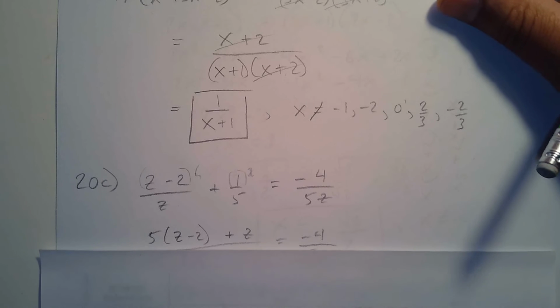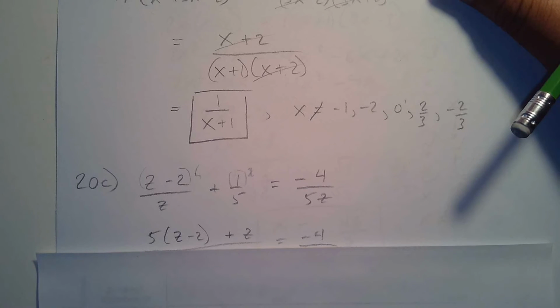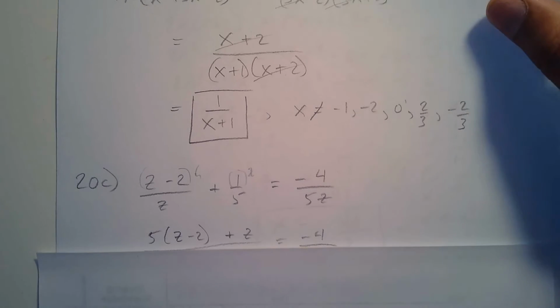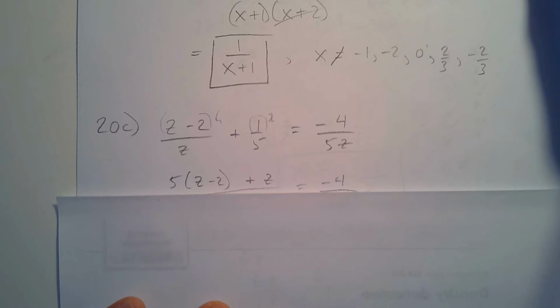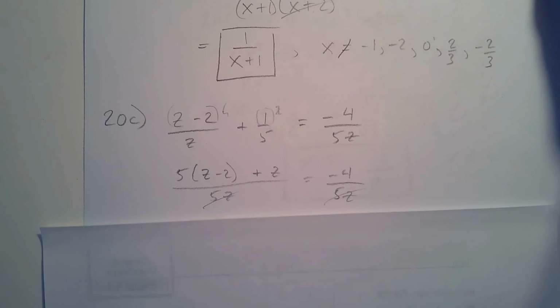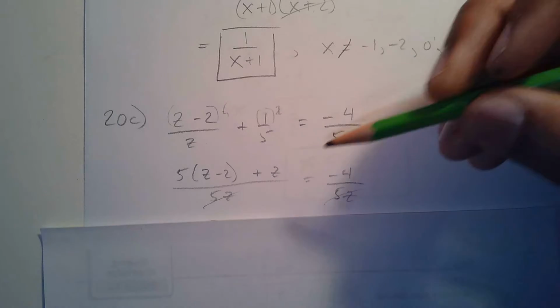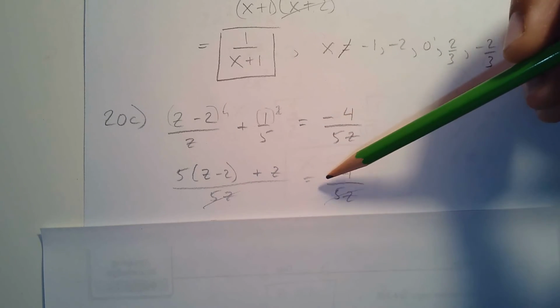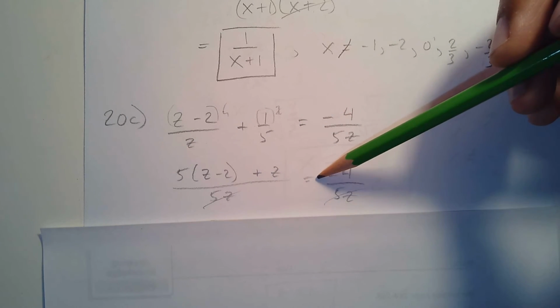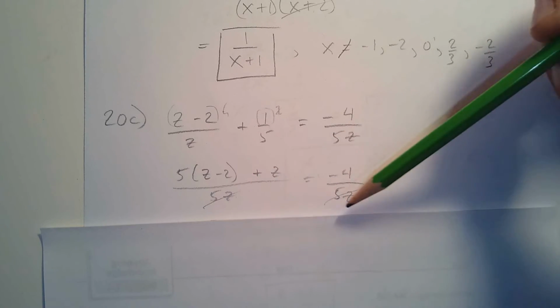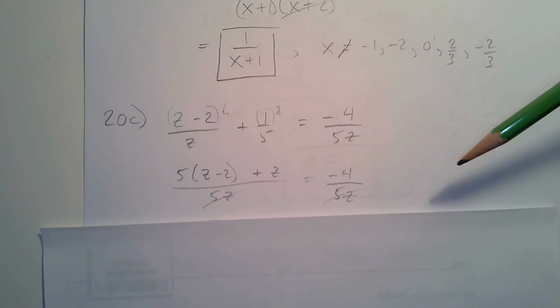Okay, so that's going to give you 5 times z minus 2, plus z times 1 is just going to be z, and that's all over 5z. And so when you have a separation by an equal sign and you have the same thing on the bottom of both sides, they can be cancelled out.